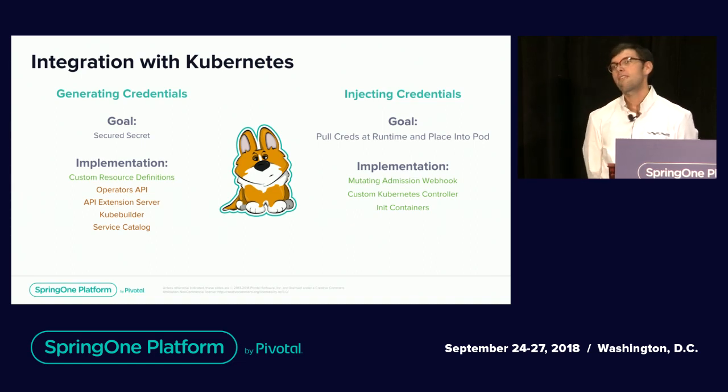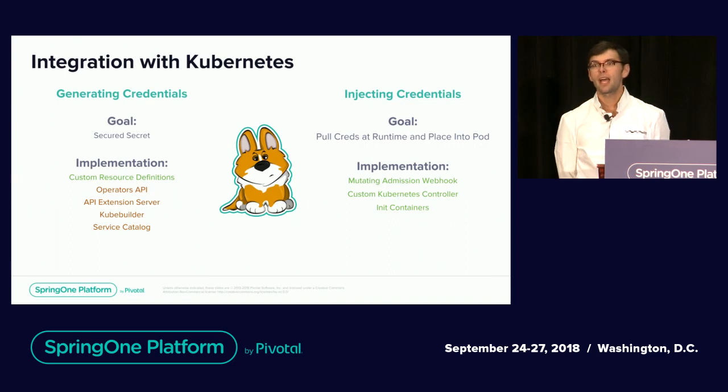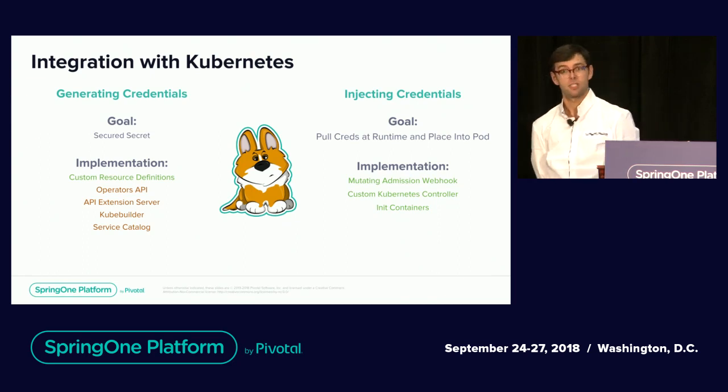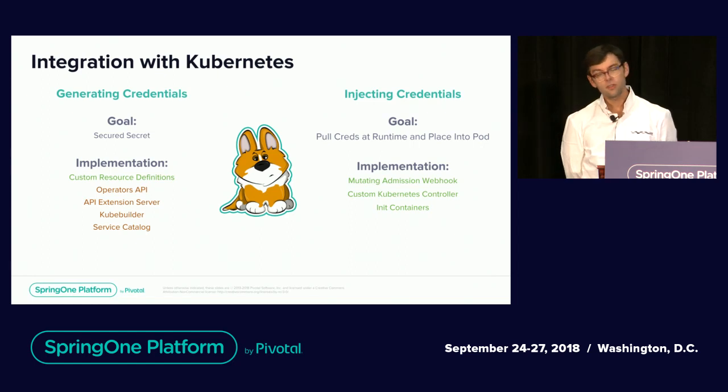But now, once I have that custom resource definition, how do I actually take that and send it to CredHub? How do I log into CredHub to store that secret? And how do I set the actual permissions on that secret? Well, there are a few different ways of doing that in Kubernetes. CoreOS brought to the table something called the operator API.